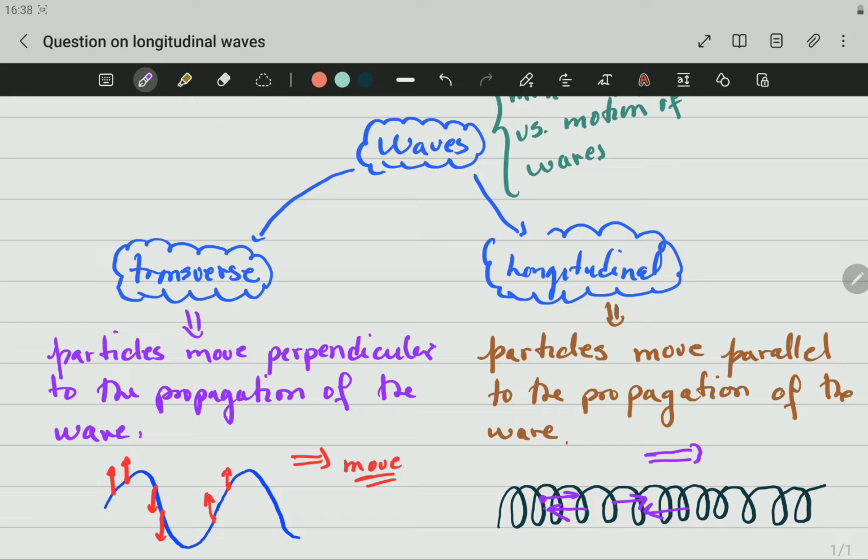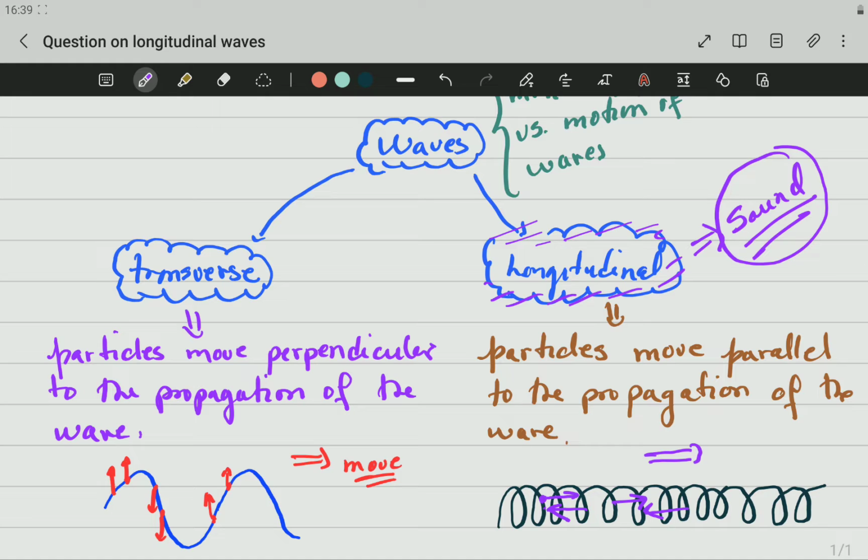This is what we call longitudinal wave. Another example of longitudinal wave is sound, which is the case of the question. Sound is a longitudinal wave. Why? Because the particles move parallel to the propagation of the wave.